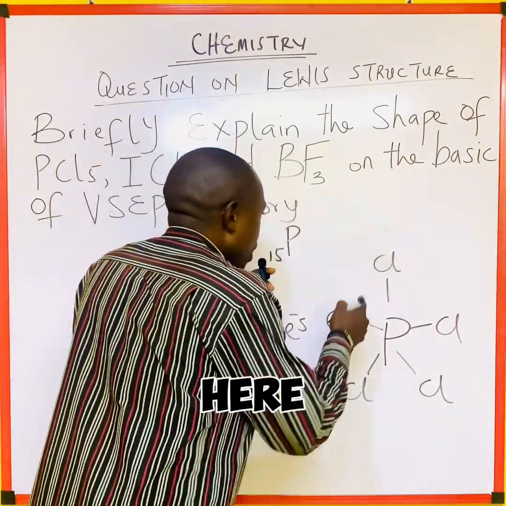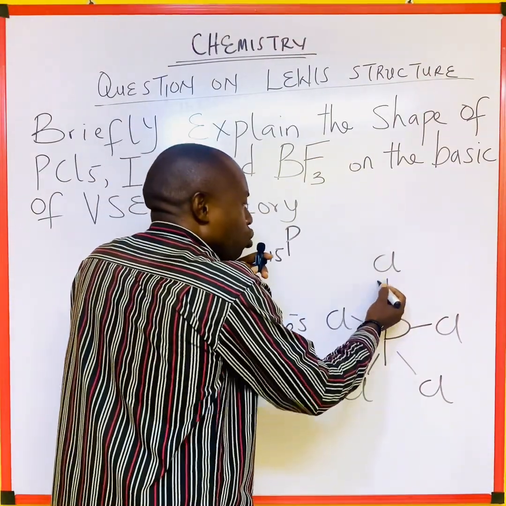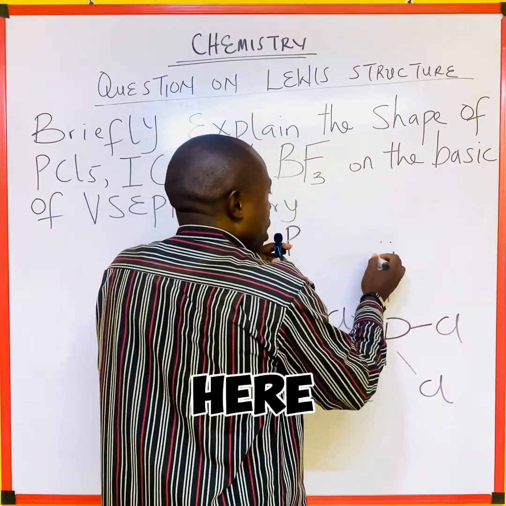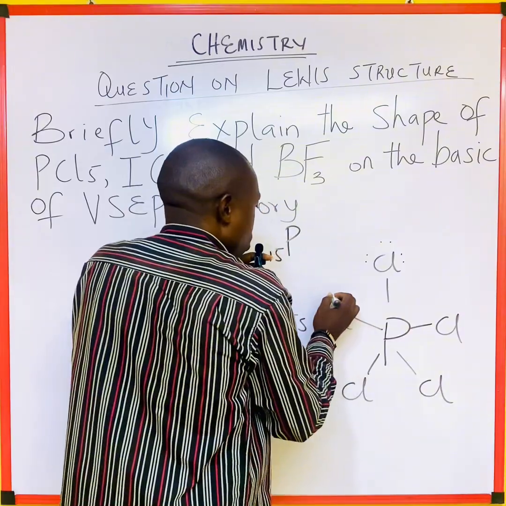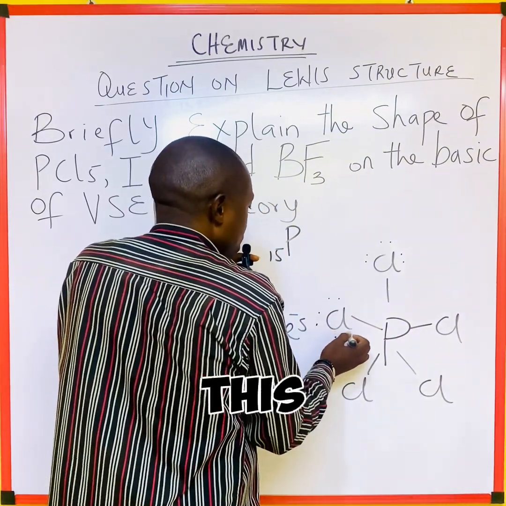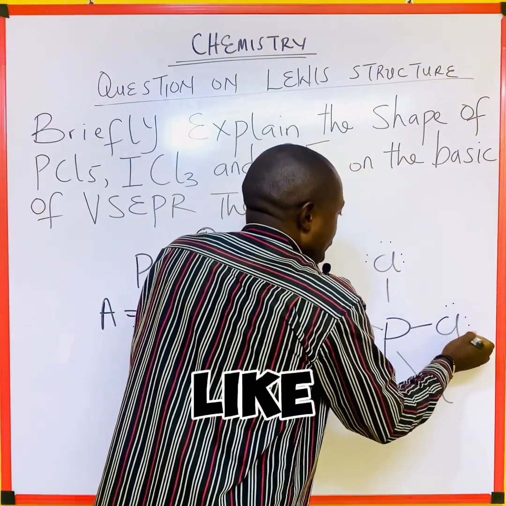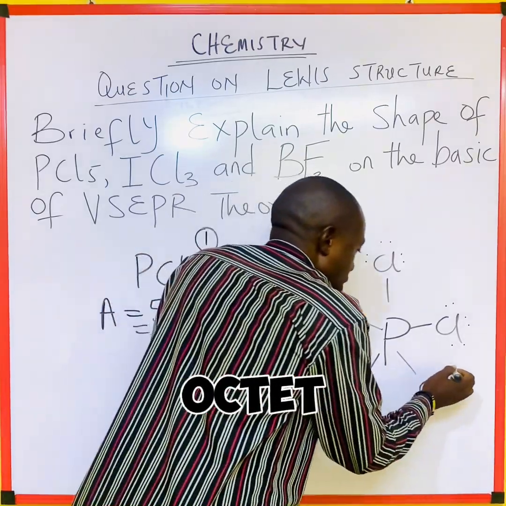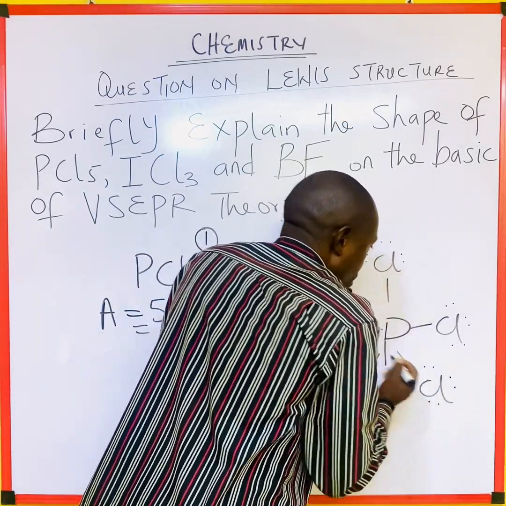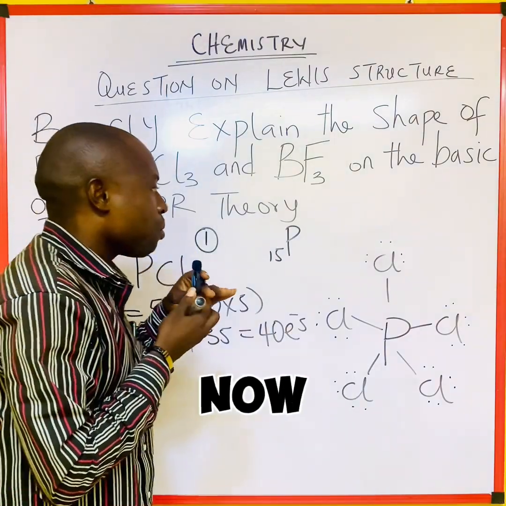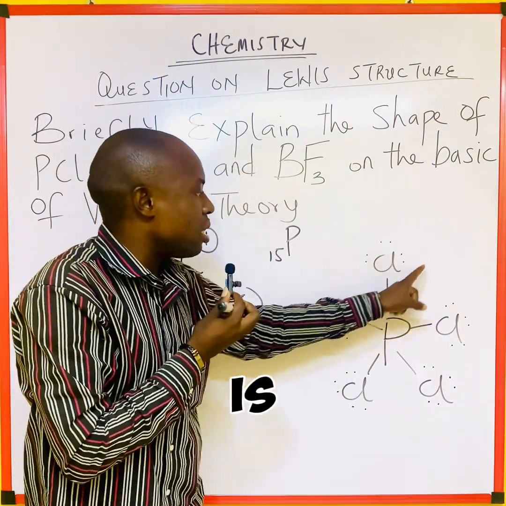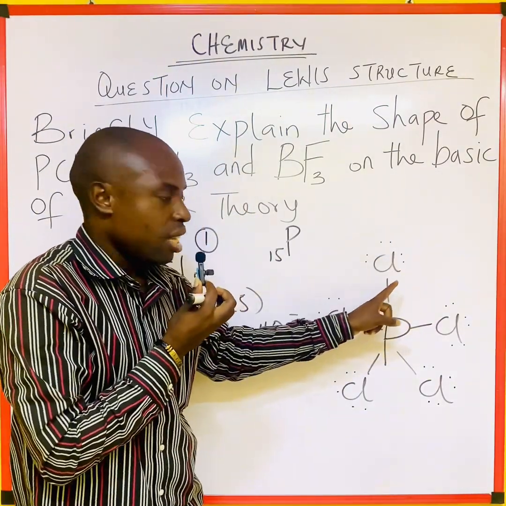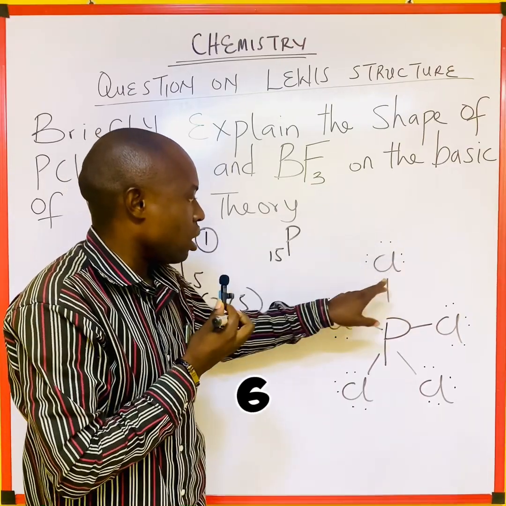So what do we do here? Here we already have 2 electrons. So we put here like this, here like this, and here like this, all in the aim of octet. If you observe here, this is 8, which is 2, 4, 6, 8.